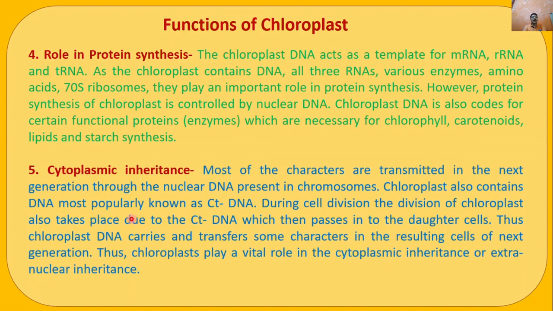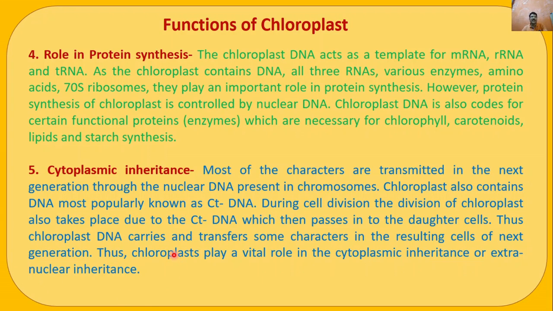Now, the last function is cytoplasmic inheritance. As we have seen, most of the characters are transmitted to the next generation through the nuclear DNA, which is present in the chromosomes. But chloroplast also contains DNA, most popularly known as ctDNA or chloroplast DNA. During cell division, the division of chloroplast also takes place due to chloroplast DNA, which then passes into the daughter cell.